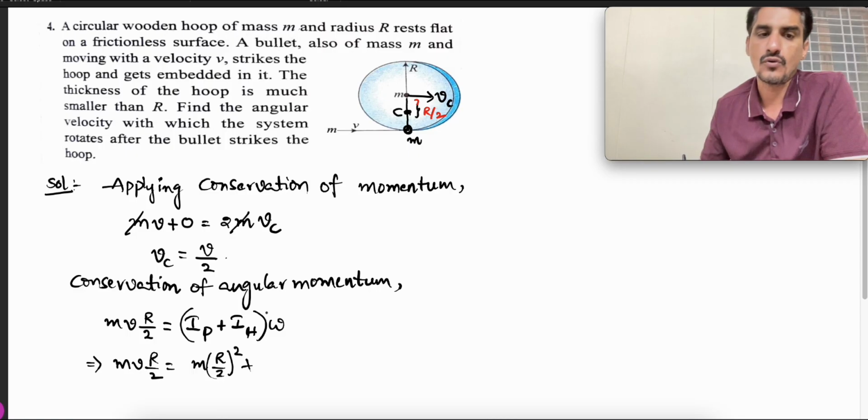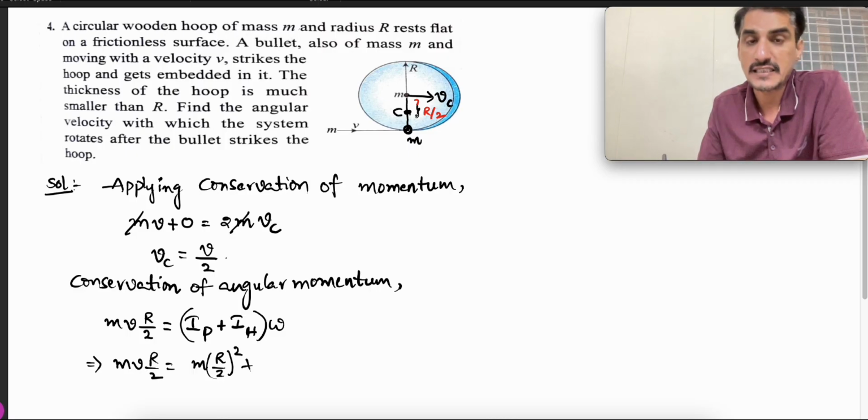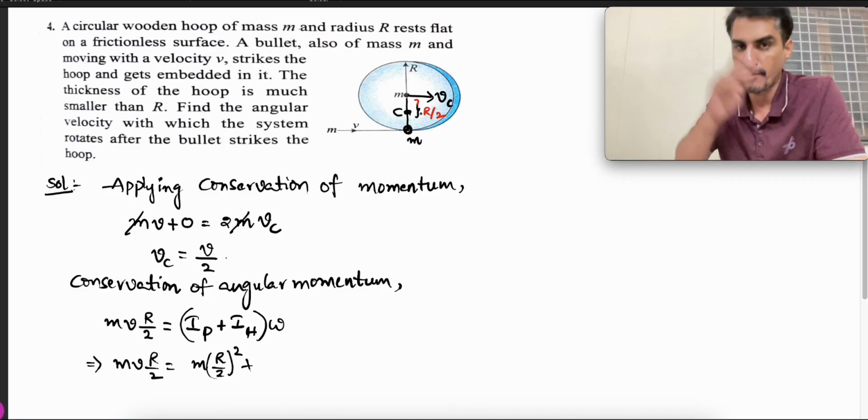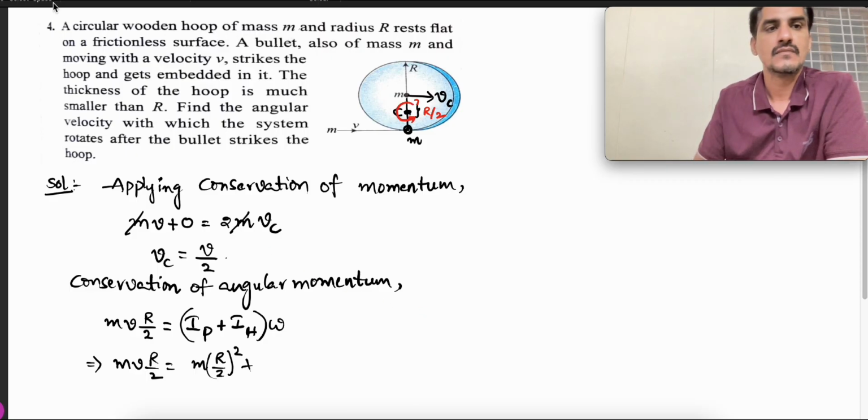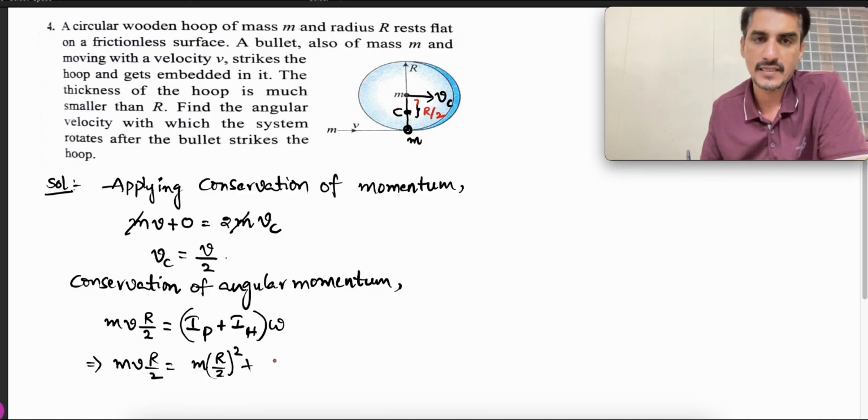Then what about hoop? For hoop, with respect to C, I have to calculate moment of inertia of that entire hoop. Means with respect to this axis, if you observe, with respect to this axis. Understand? So now I am going to find moment of inertia with respect to that axis.